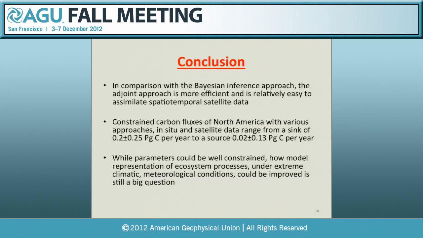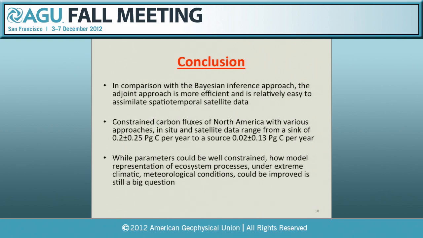In conclusion, in comparison with the Bayesian inference approach, the adjoint approach is new and more efficient. Therefore we are able to assimilate spatial temporal satellite data, particularly as it becomes available, not just GPP but other products, for example vegetation and different indices, which potentially can be used to further constrain our model parameters.